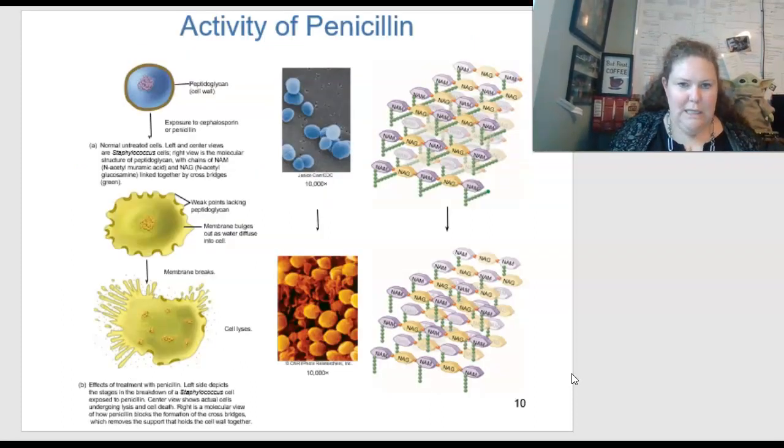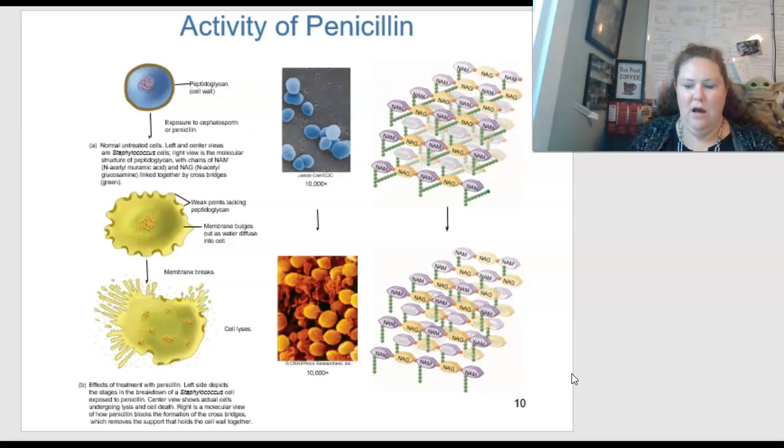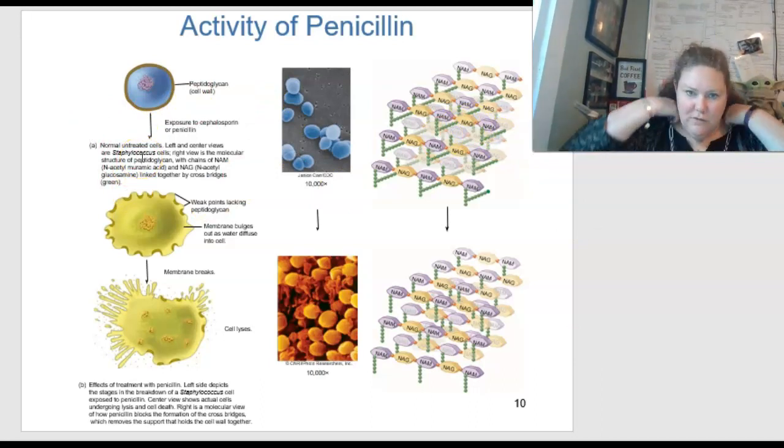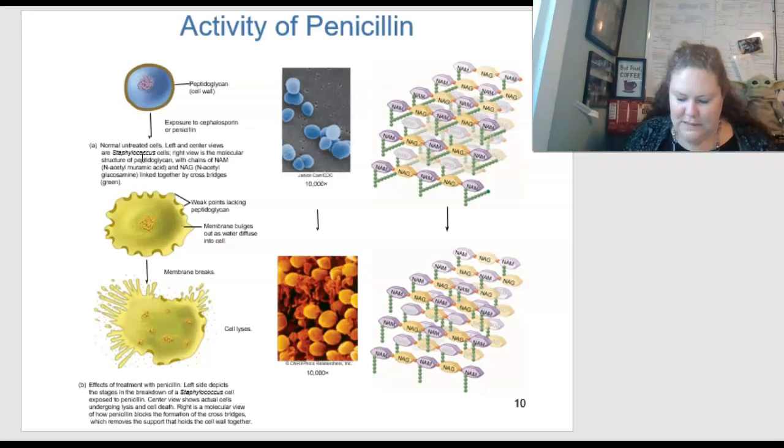All right, so when we're looking at the specific activity of penicillin, you can see this in figure 12.3, okay? The overall name of this diagram is effects of penicillin on gram-positive cell walls.